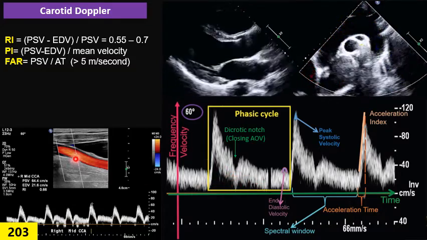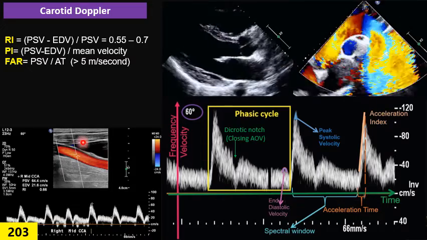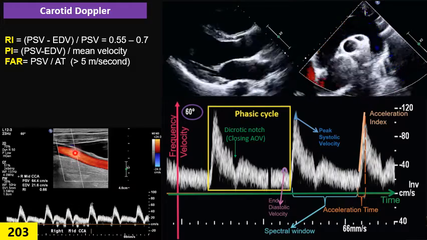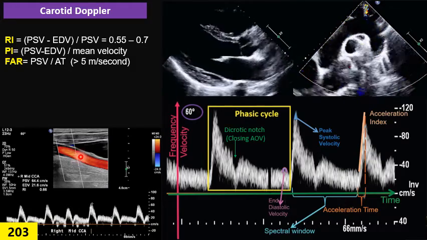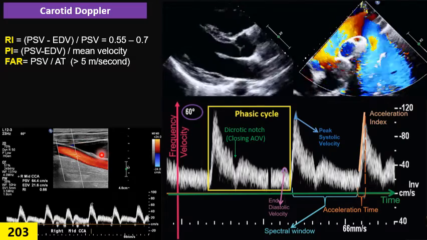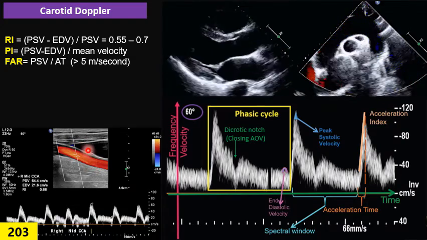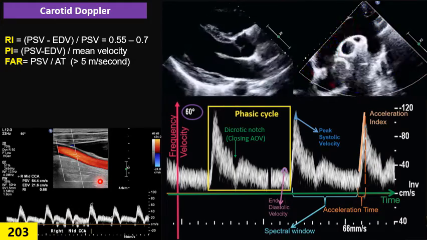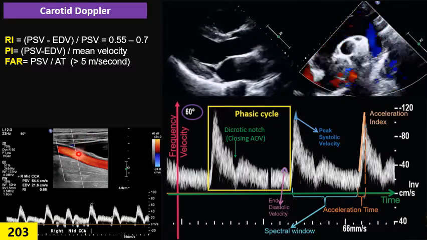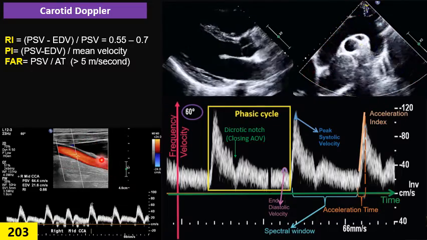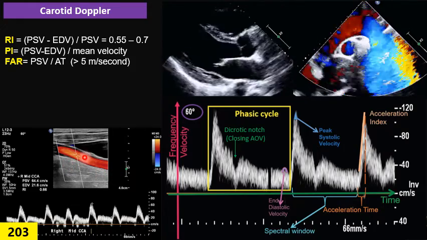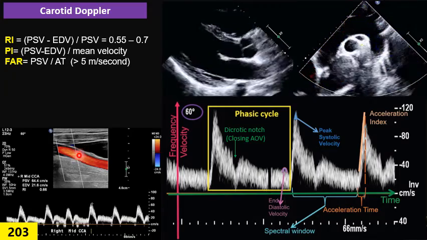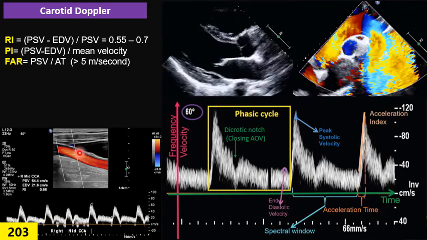We call it the spectral window, especially below this part and some part here at the diastole. In those situations, we have different levels of velocity. For example, if we increase our sample volume from 1 millimeter to 5 millimeters, it picks up different velocities. As you know, the normal blood flow in a big vessel like the carotid and ICA is laminar, of the parabolic type. It means that at the center all the flow is parallel, but the center has the highest velocity, and moving toward the wall the velocity decreases.